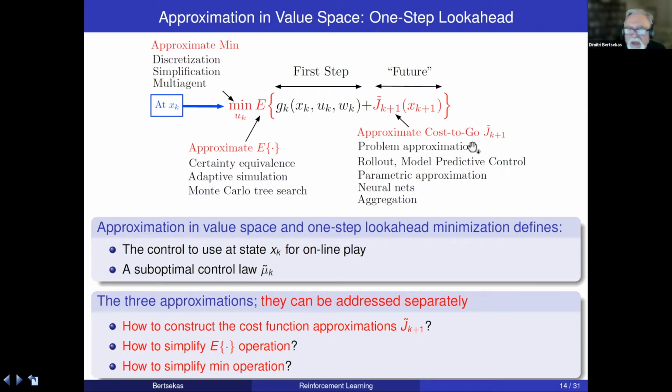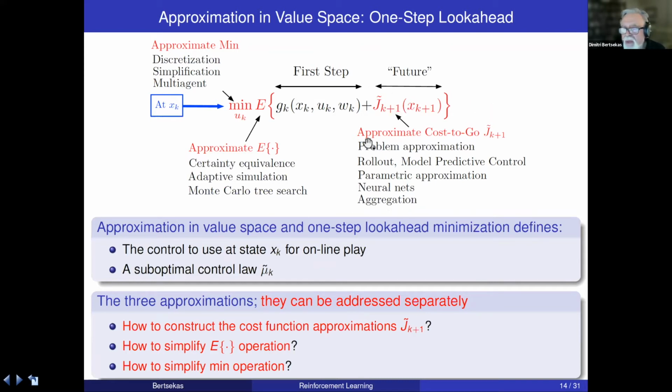How do you do this? Well, you reduce the state space, you simplify the stochastic probability distributions of WK, you may simplify the constraints of the problem, but you approximate the problem, it becomes easier, and the cost function of that approximate problem is used as J tilde here.